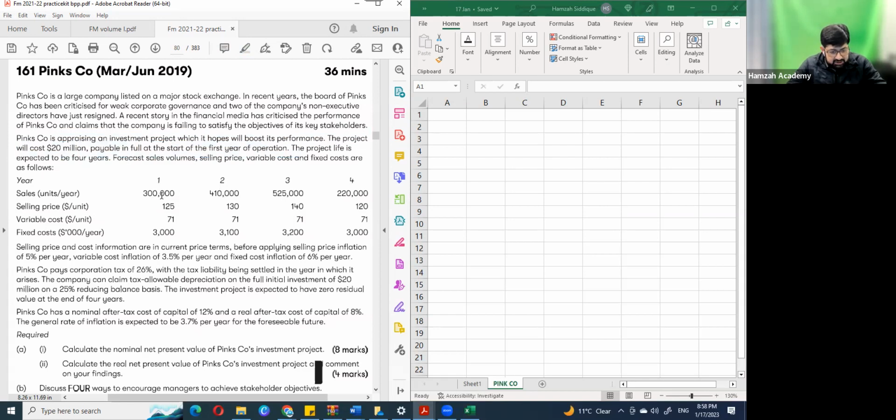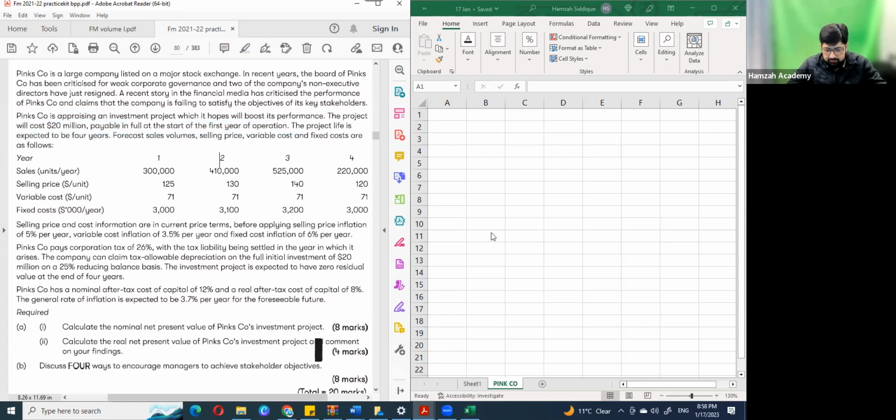So 20 million initial investment. Here, students, first of all, we will be doing working for sales. Working, year 1, 2, 3, and 4. Units sold per year.